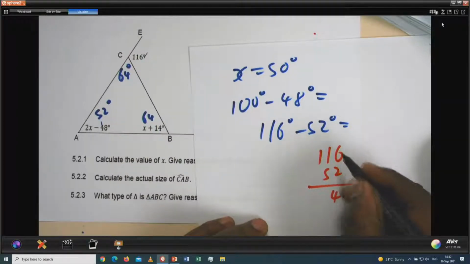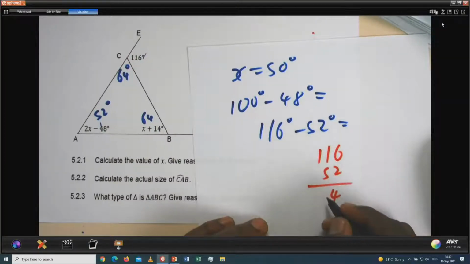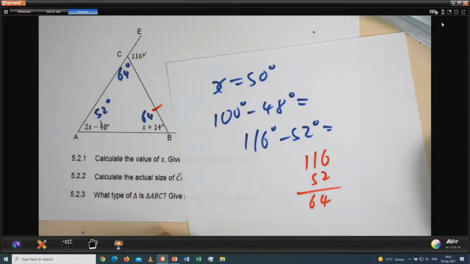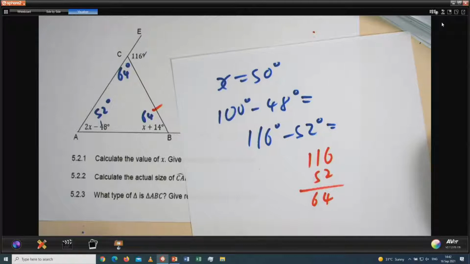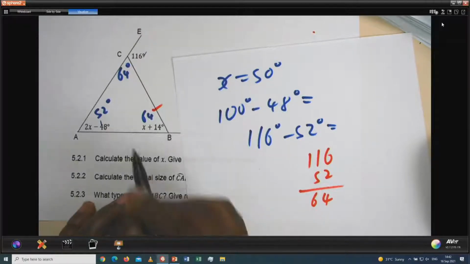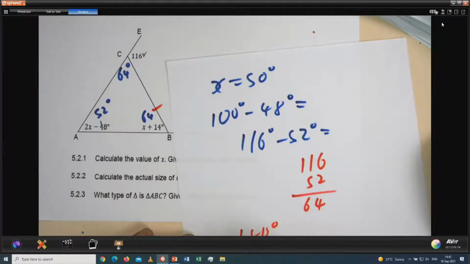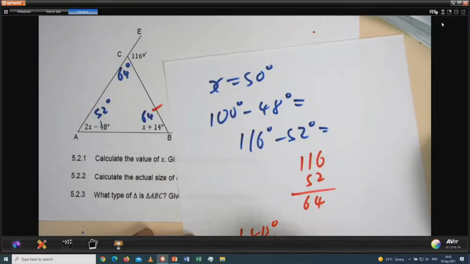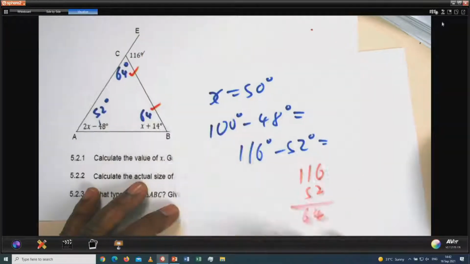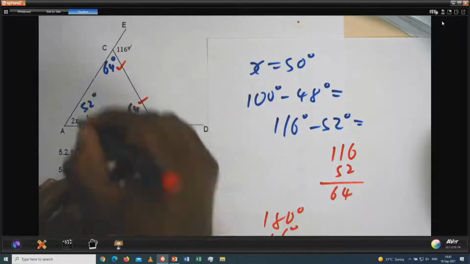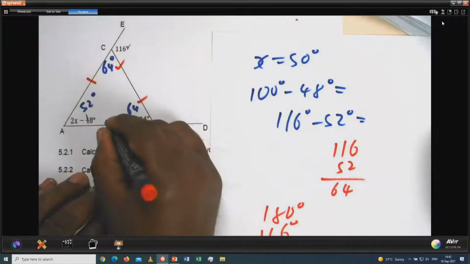It's been a long day indeed. 64. You agree, 64. This one, 180 degrees minus 116, it's 64. Oh, no, it's correct. It's 64. Therefore, if we got 64, it means this side equals to this side.